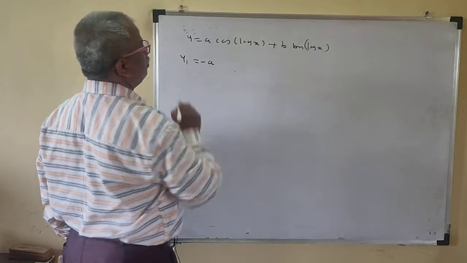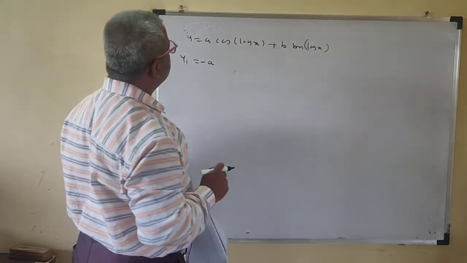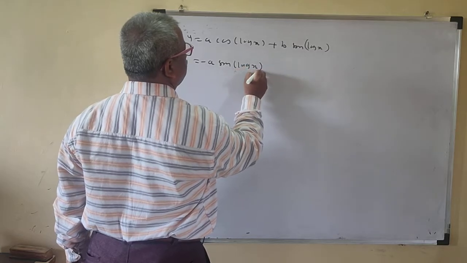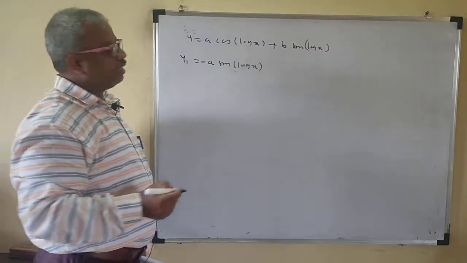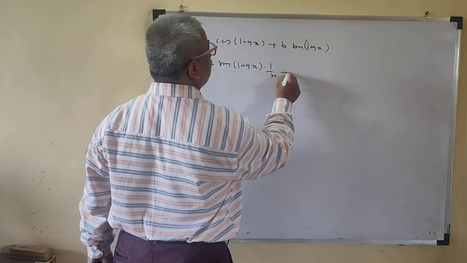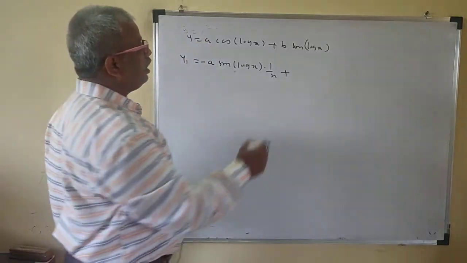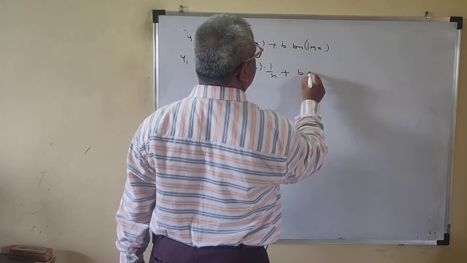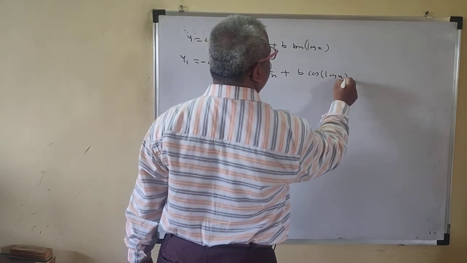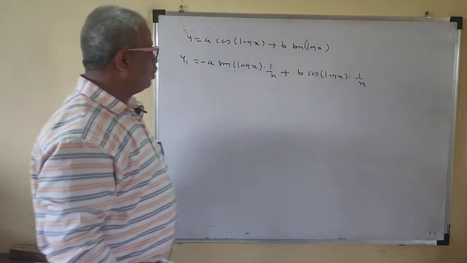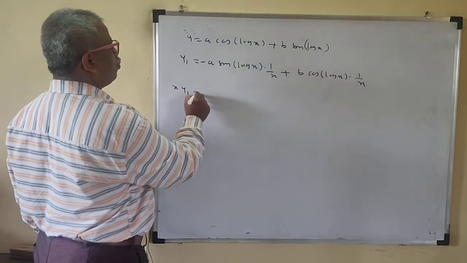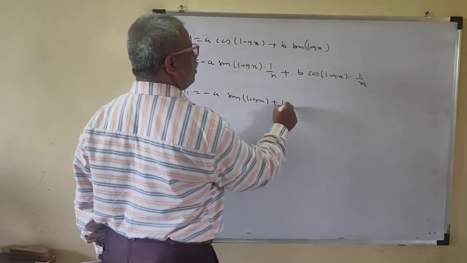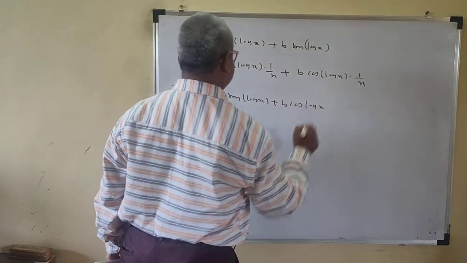The derivative of cos is minus sin log x into the derivative of log x, that is 1 upon x, plus b as it is. The derivative of sin is cos log x into 1 upon x. You can shift this x to this side, so y1 is equal to minus a sin of log x plus b cos of log x.